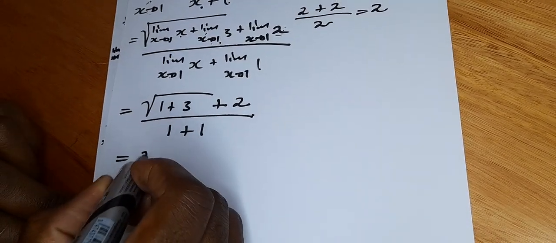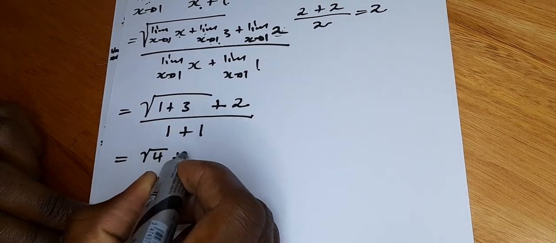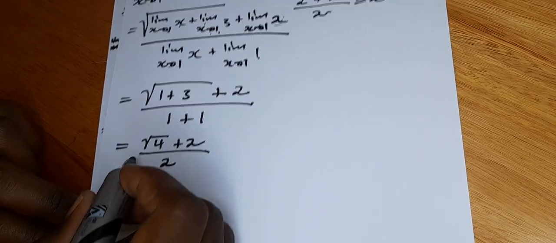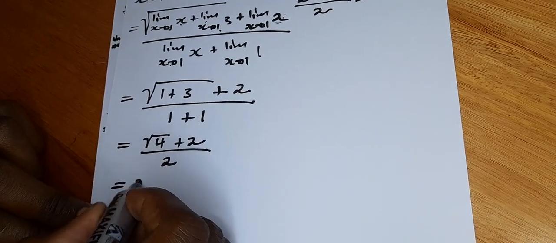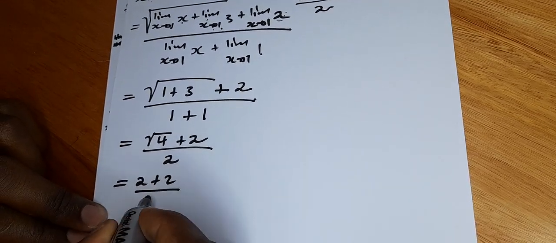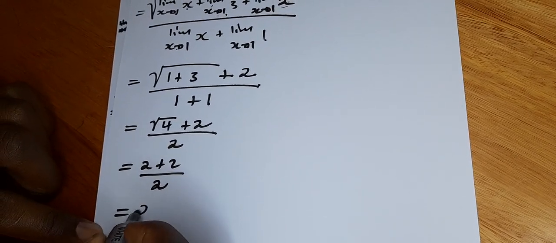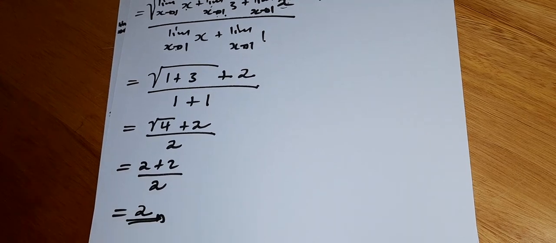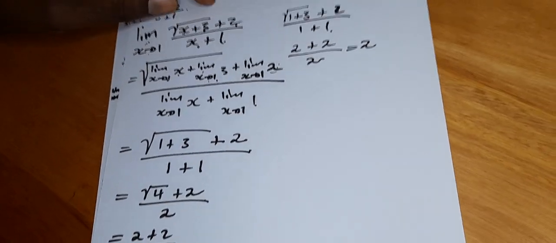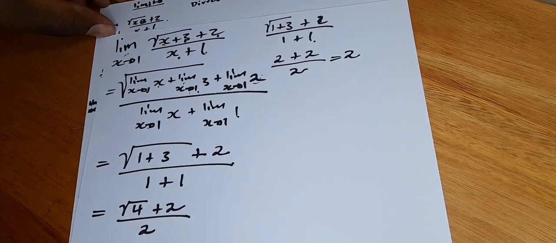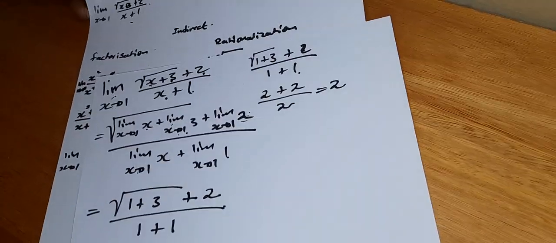Then we have the square root of 4 plus 2, all over 2. This is equal to 2 plus 2 all over 2, and your result will be equal to 2. That is your answer. We call this one the direct substitution.